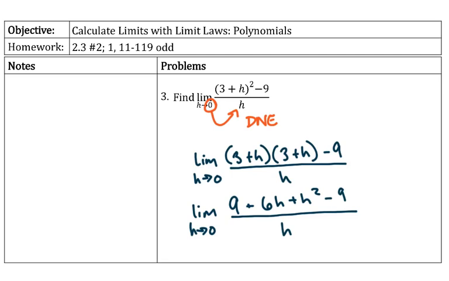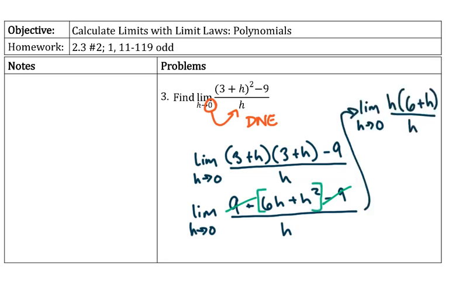And then, of course, the nice thing that we notice happens is that 9 cancels out, and these have a common factor. And when we have factors, we can cancel those out, leaving behind 6 plus h, and when we plug in that 0 to h, that just becomes 6 plus 0, which the limit is 6. So those are two different ways that you might use to simplify polynomials and limits.